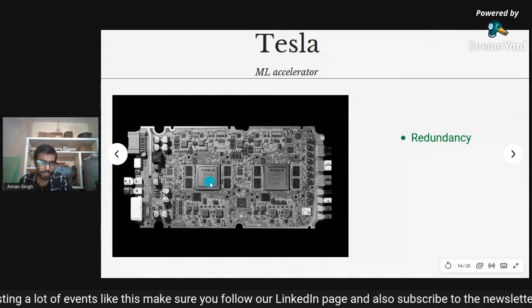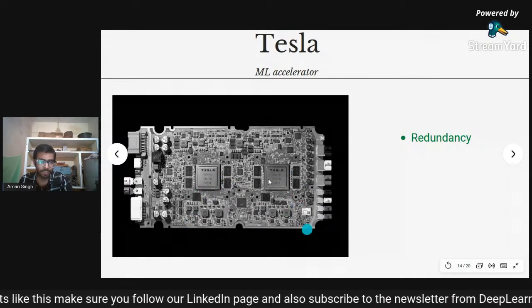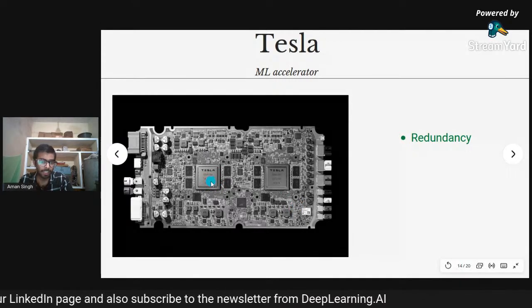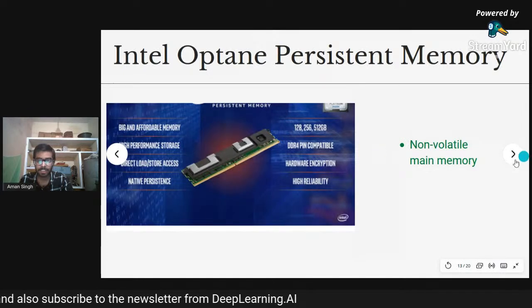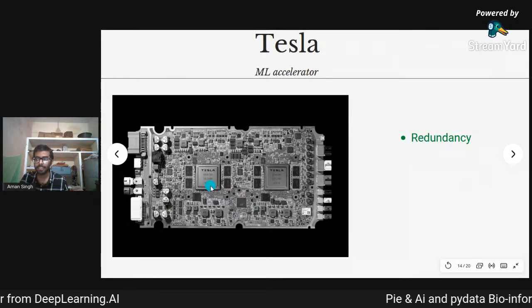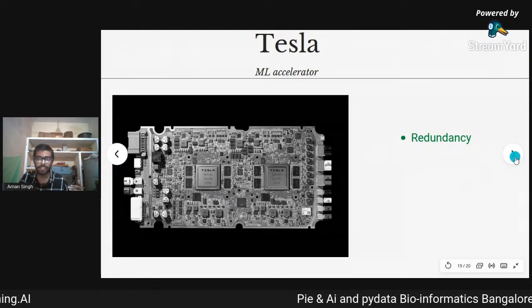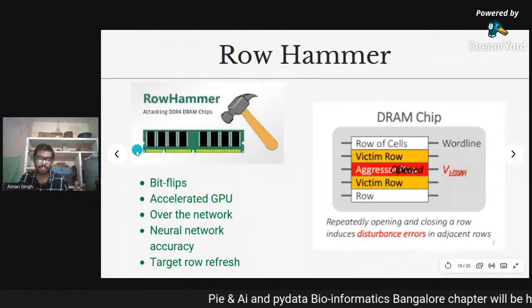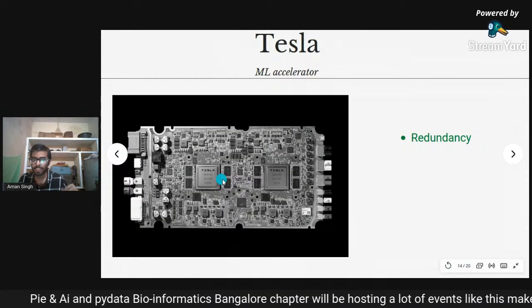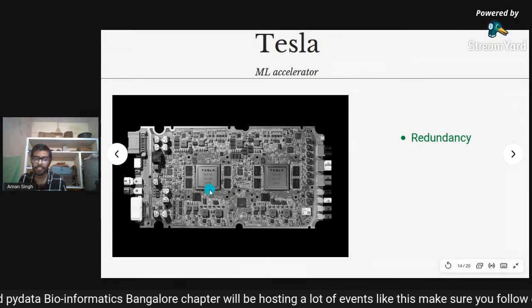The purpose of it is that it increases the cost because there are two chips, but there is redundancy. If bit flips are there, which we'll see when we read the security of it afterwards in Row Hammer, it can cause damage because it changes the hardware.